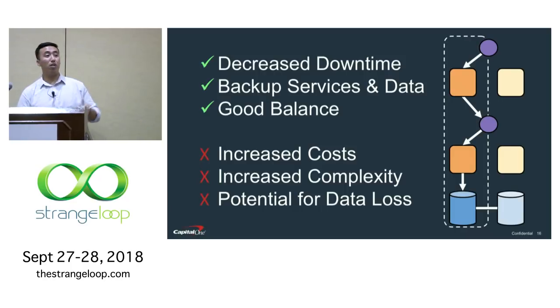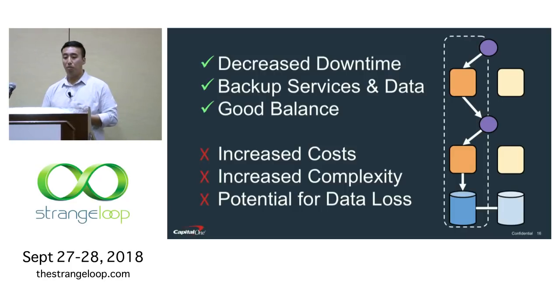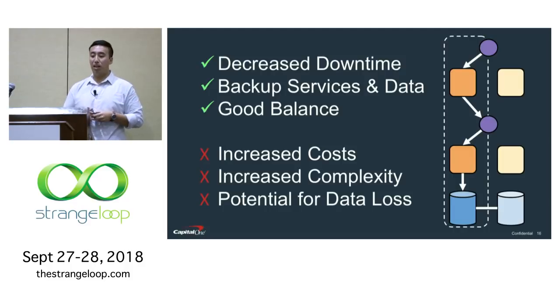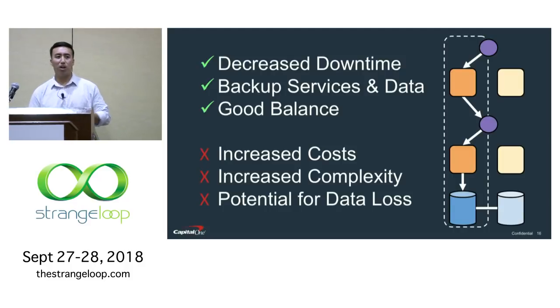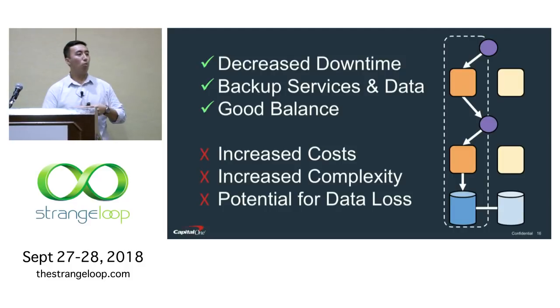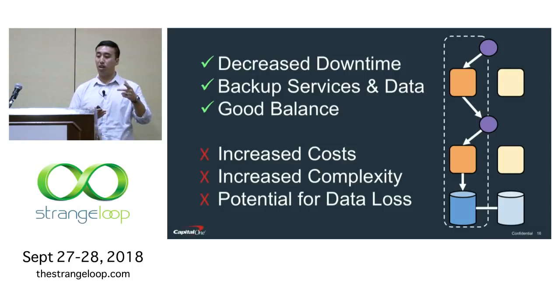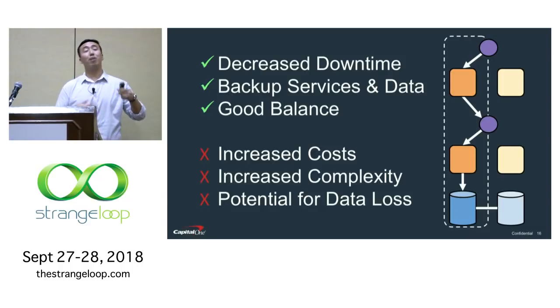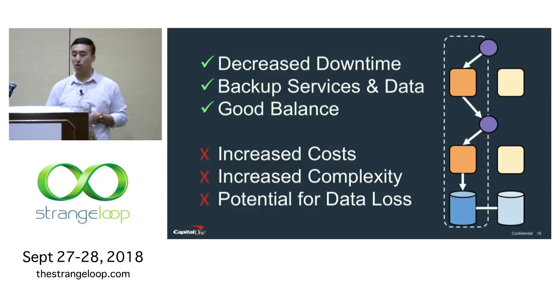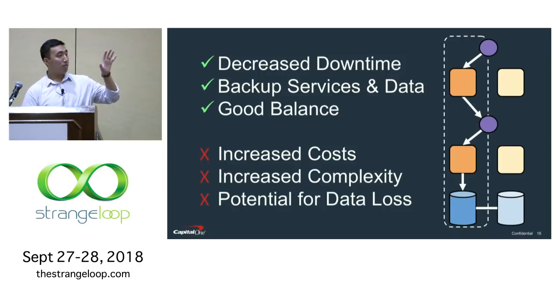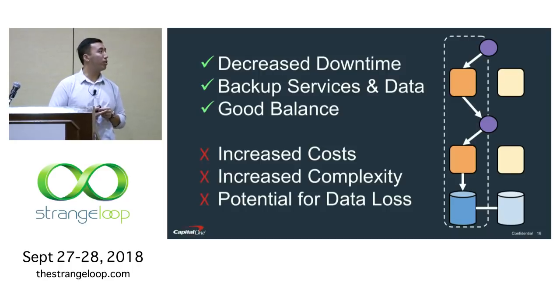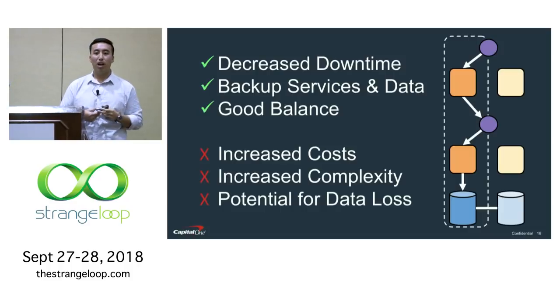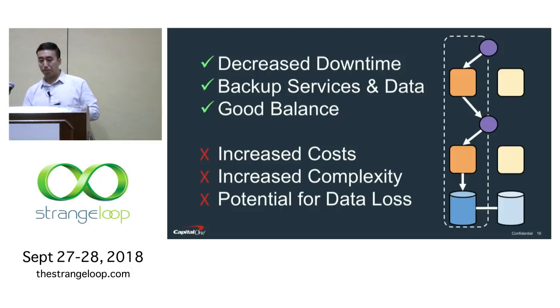It's often a very good balance for most applications, but at this level, we begin increasing cost and complexity, and we also have that potential for data loss whenever you fail over from one region to the next. Your recovery time is going to look at the amount of time that it takes to start up your new set of servers, but for most applications, this is where you're going to want to fall because it's a good balance between cost and complexity and availability and durability.